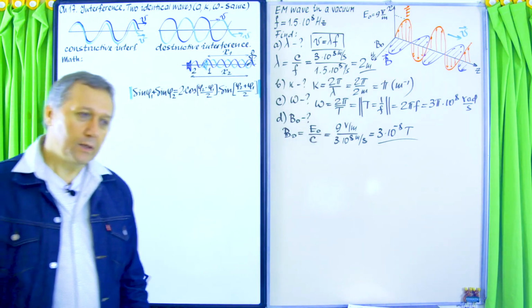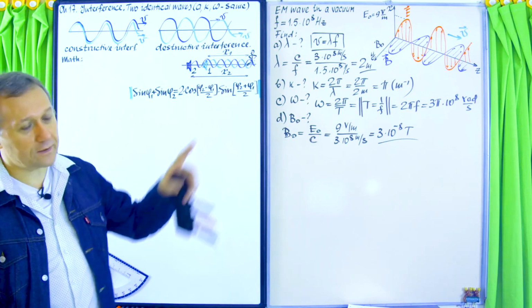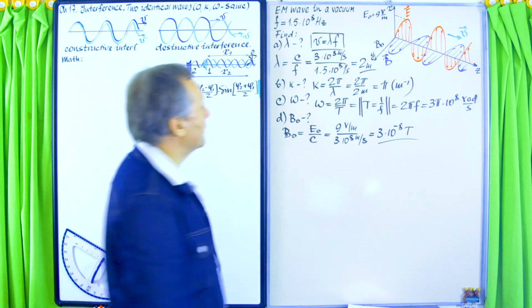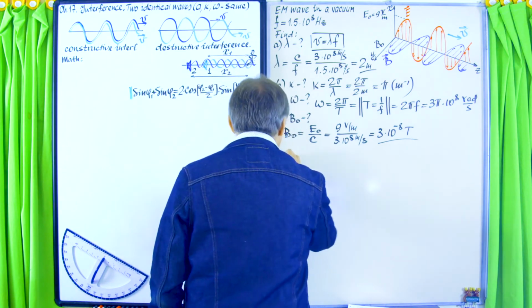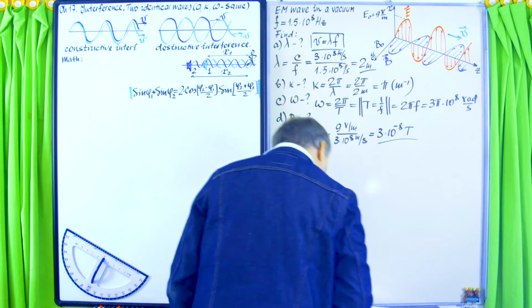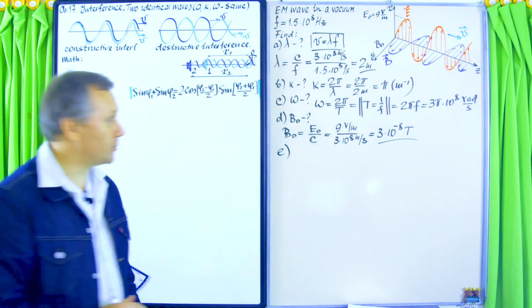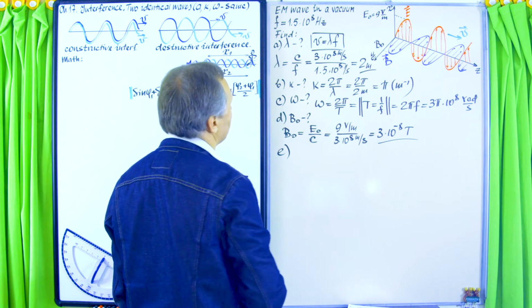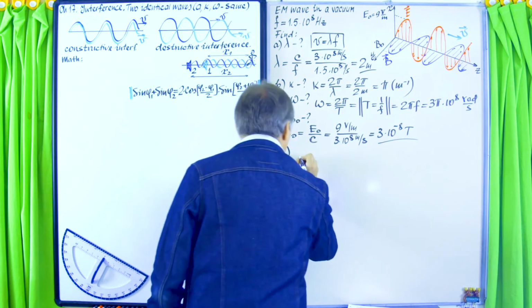Okay, and now let's write mathematical expressions for the electric field and for the magnetic traveling wave. So A, B, C, D, E, right? Now we need to write mathematical expressions. Let me start with the electric field.